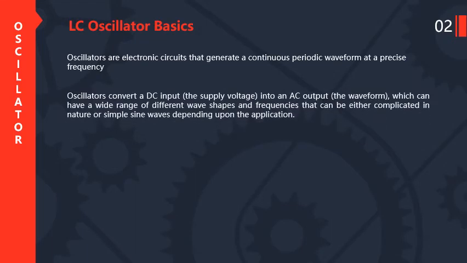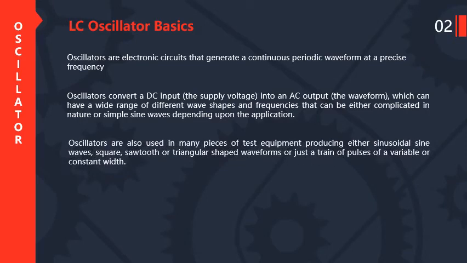Oscillators convert DC input into AC output, which can have a wide range of different wave shapes and frequencies that can be either complex in nature or a simple sine wave, depending upon the application. Oscillators are also used in many pieces of test equipment, producing either sinusoidal, square, sawtooth, or triangular shaped waveforms, or just a train of pulses of variable and constant width.